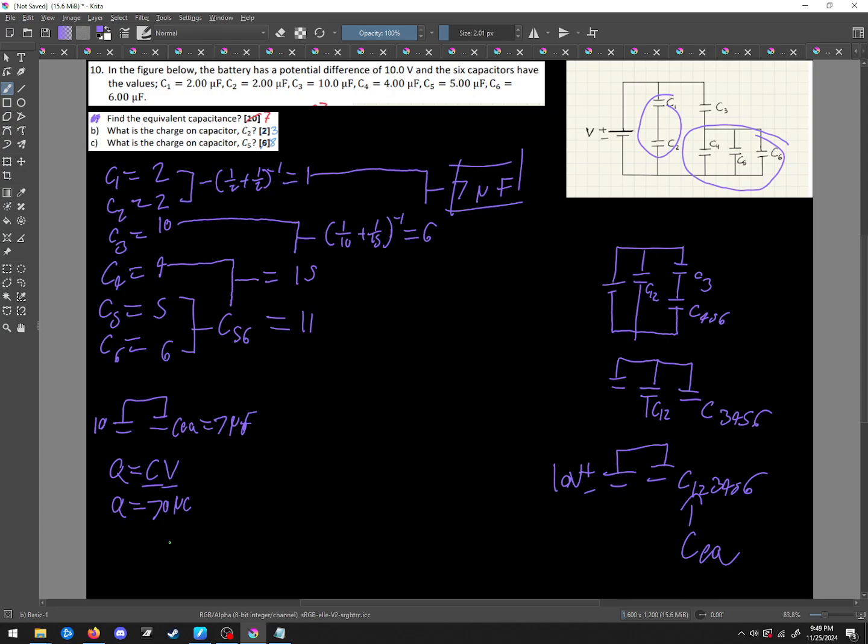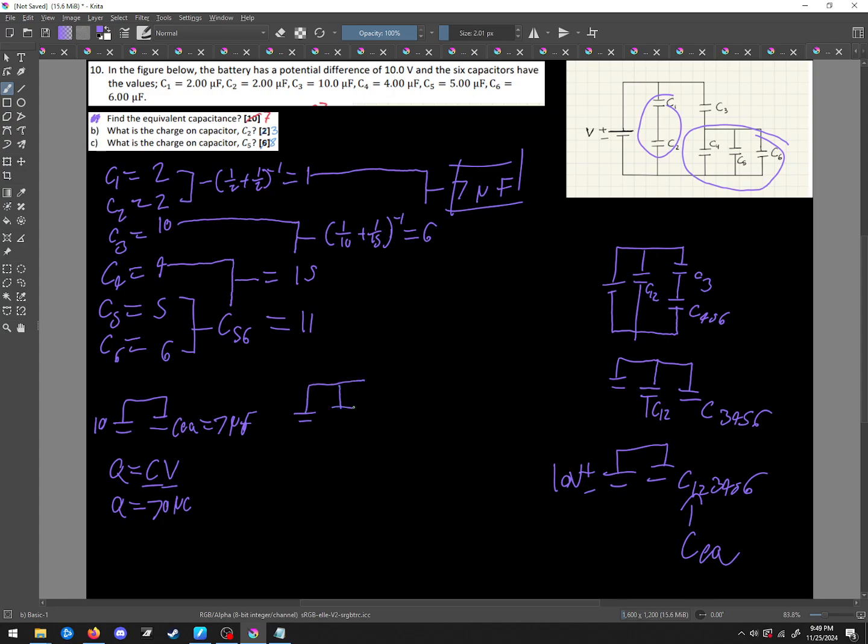And now, well, let's split this back up. This is where the power comes from.